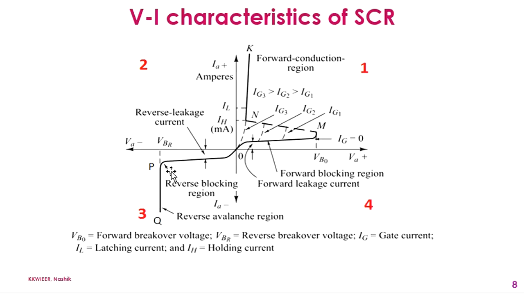If this reverse bias voltage is increased, then at the critical breakdown level called the reverse breakdown voltage VBR, a very high amount of current will start flowing through the device, PQ. This is the avalanche breakdown at VBR, and this avalanche will occur at the junctions J1 and J3, increasing the current sharply. If you remember, J1 and J3 are reverse biased junctions, and this region PQ is the reverse avalanche region.